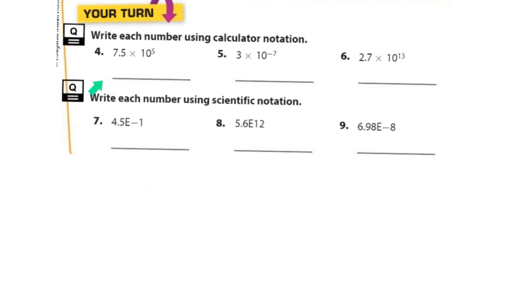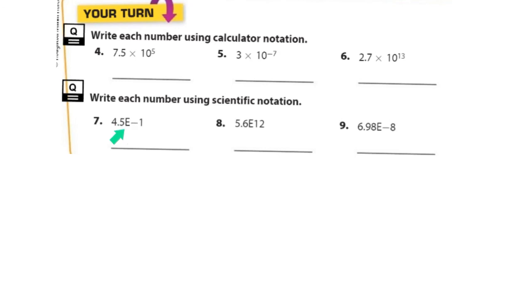Okay, so on this your turn, what you want to do is take this number and write it in what's called calculator notation. So in calculator notation, you remove the times, you remove the 10, and in its place you put the E. And then you take the power and you write it on the end.